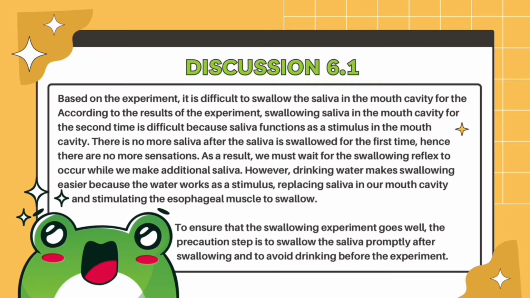As a result, we must wait for the swallowing reflex to occur while we make additional saliva. However, drinking water makes swallowing easier because the water works as a stimulus, replacing saliva in our mouth cavity and stimulating the esophageal muscle to swallow.